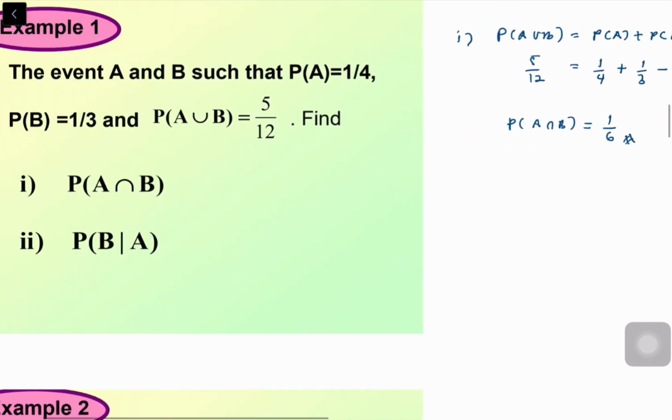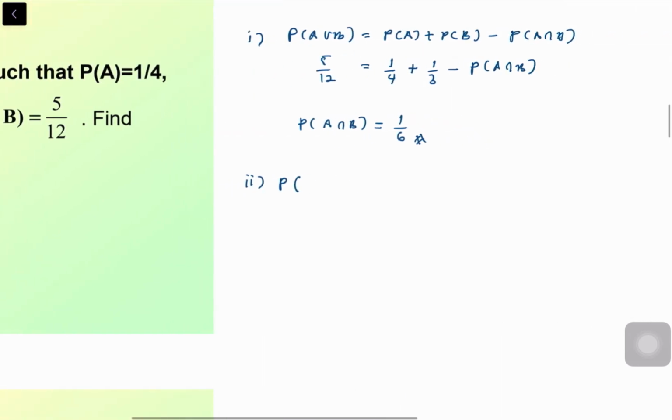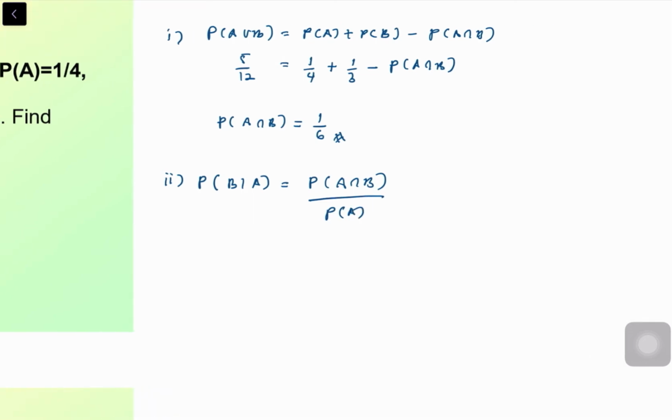Then the second one, we are going to look at the conditional probability, P(B given A). This is equivalent to the probability of A intersect B divided by the probability of A, using the formula of conditional probability.